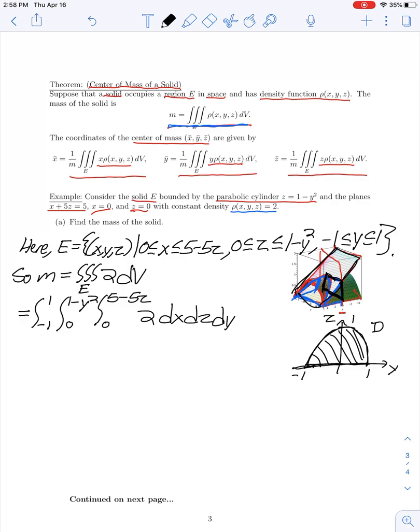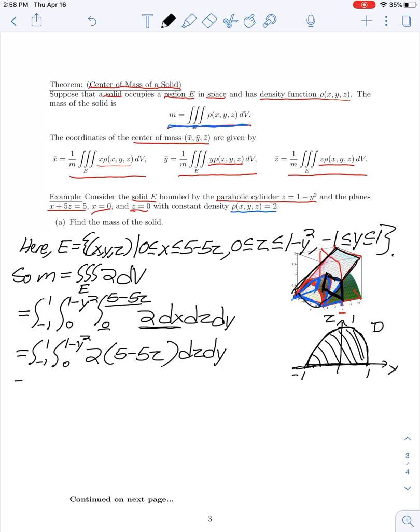So let's evaluate this. Our inner integral is of a constant 2 with respect to x over the interval 0 to 5 minus 5z. So integrating any constant over an interval of a given length gives us that constant times the length of the interval, which in this case would be 5 minus 5z minus 0. So just 5 minus 5z, then integrating in the order dz, dy.